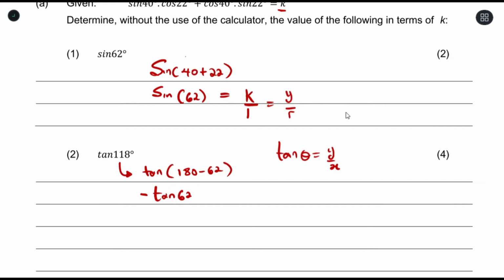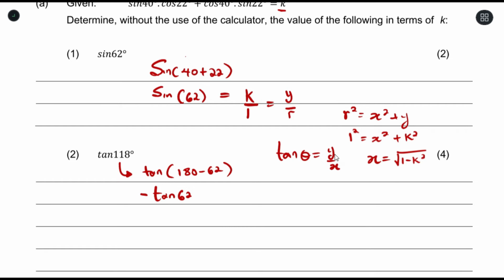To find x, we can say r squared is equal to x squared plus y squared. Now substituting the values of k and 1 into this Pythagoras, we get 1 squared is equal to x squared plus k squared. And in so doing, x is equal to the square root of 1 minus k squared.